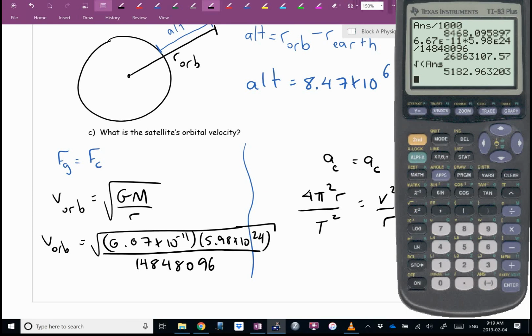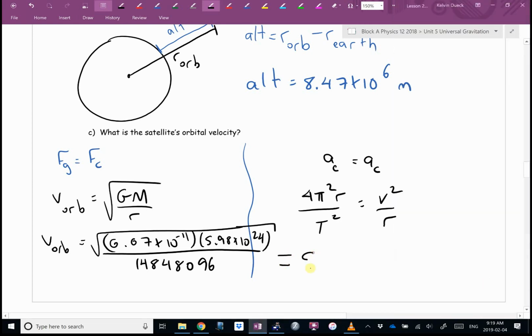And if we wanted to orbit right on the Earth's surface, it was like 8,000 meters per second, roughly. As you go further out, you can go slower and slower and slower. So this seems ballpark right to me. 5,180 meters per second.